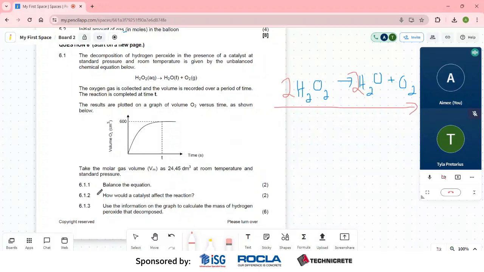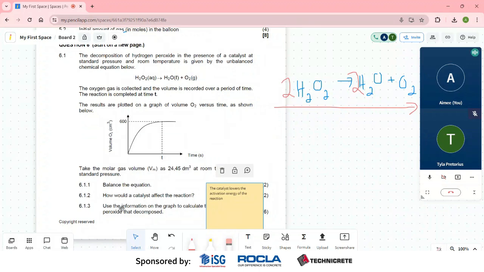Okay, 6.1.2. How would a catalyst affect the reaction? A catalyst will lower the activation energy of the reaction.